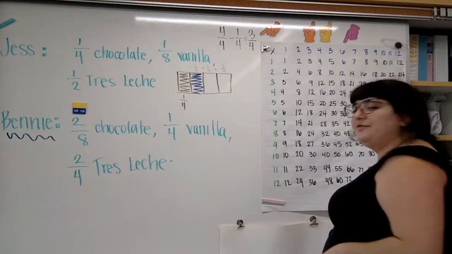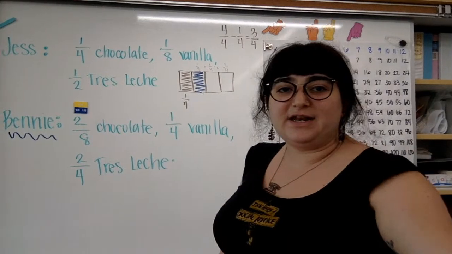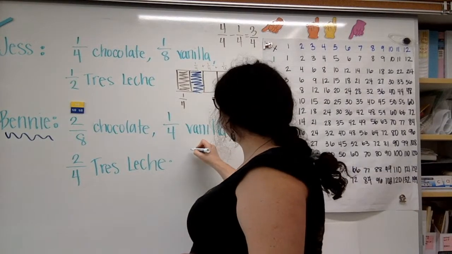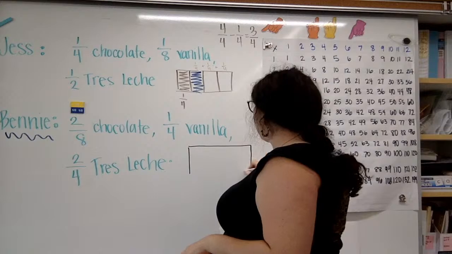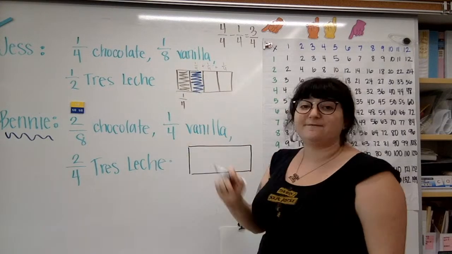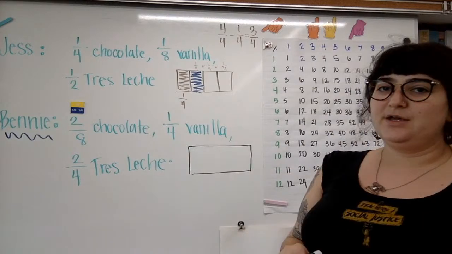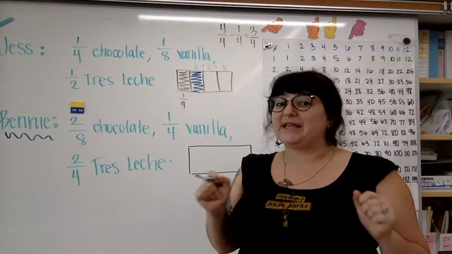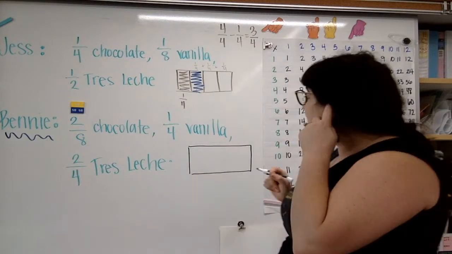We have vanilla left. Okay, vanilla. Let's draw our vanilla cake. So our vanilla cake, let's take a look. We're still using these 1/8 and 4ths. Excellent. So we are now feeling pretty confident that 1/8 and 4ths are related, right? So let's take a look.